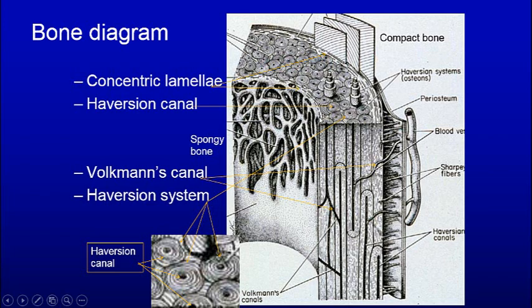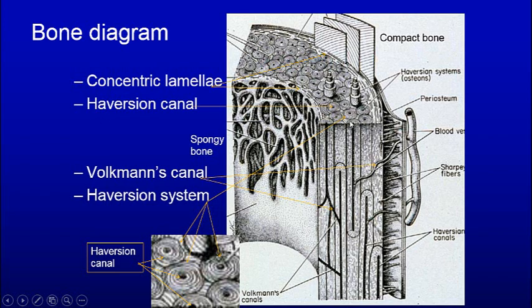You have an outer and an inner circumferential lamellae of the bone. And then you have these osteons or Haversian systems that run down the length of bone. Blood vessels come in. You have the Volkmann's canal, which then runs perpendicular to the Haversian canal.